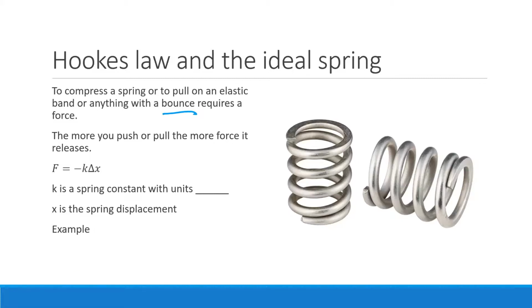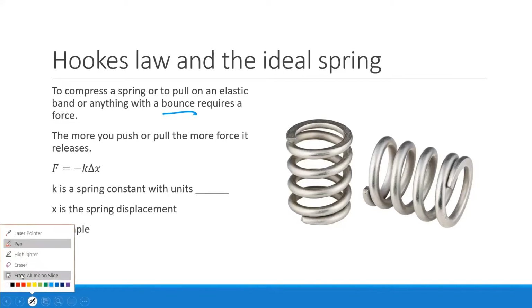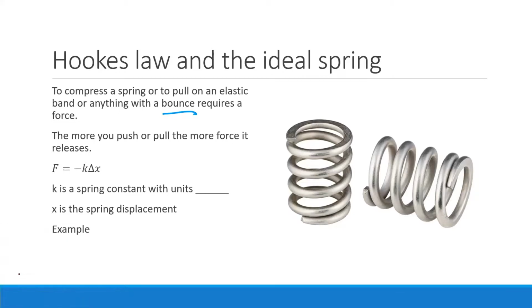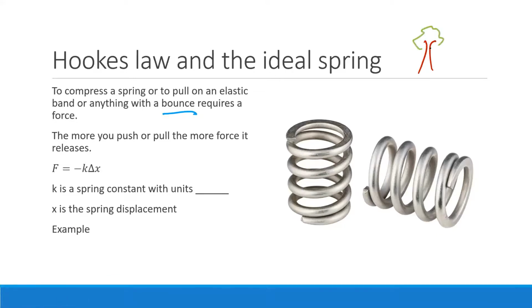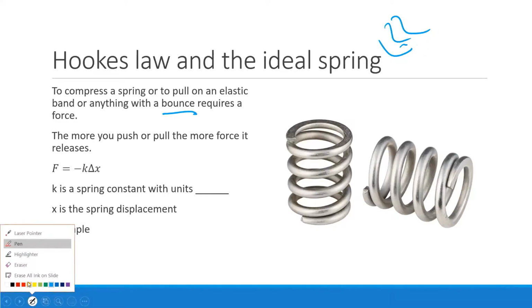If you think about a mattress, well, a mattress has got springs in it, so it's a bad example. But if you think of a tree, and it's very windy for me today, so this is going to be a pretty good example. The wind starts to blow on that tree, and that tree starts to bend.